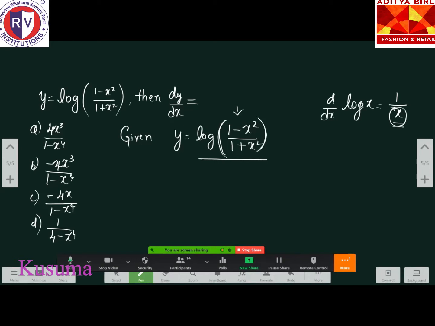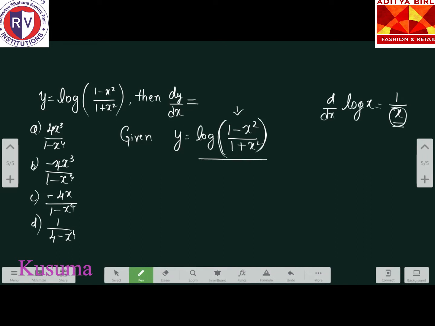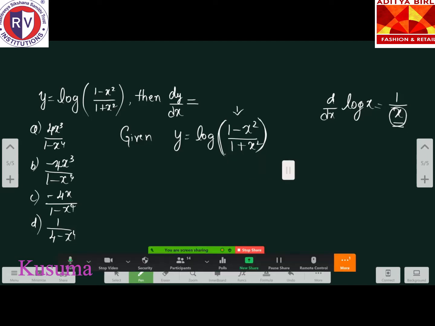So what is this entire term? It is a fraction, right? So which rule are you going to make use of here? Once again, you have to make use of the quotient rule, d by dx of u by v. Okay, so let us differentiate with respect to x.